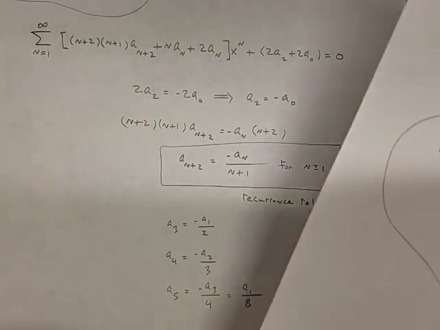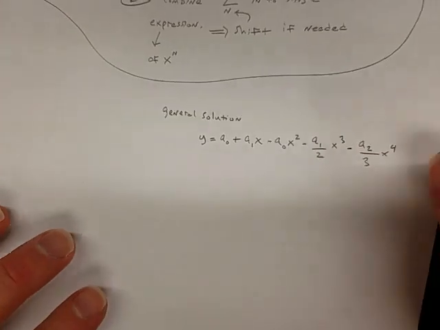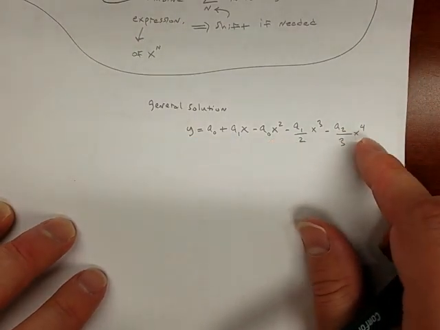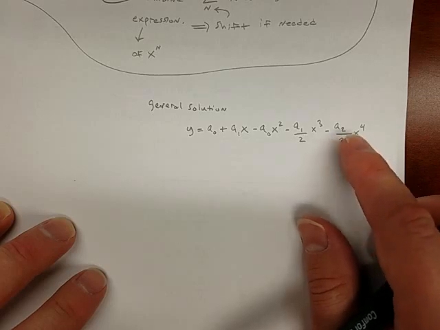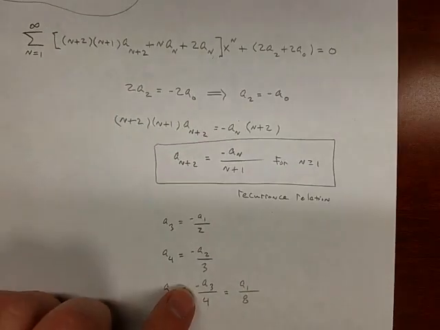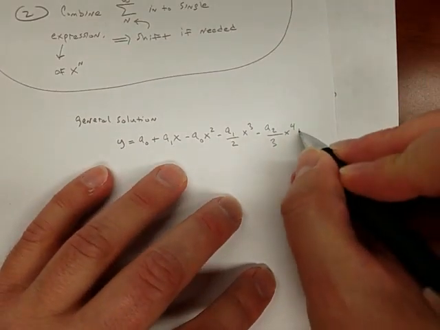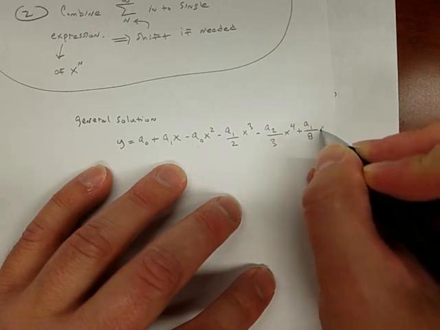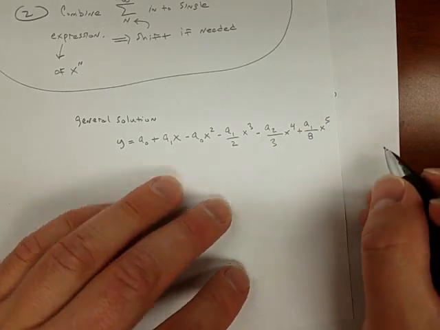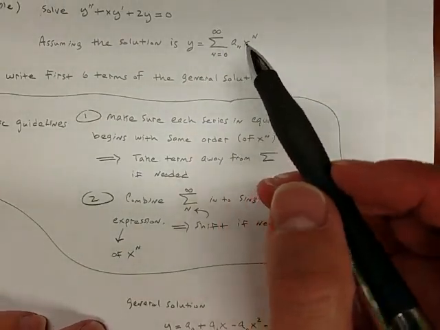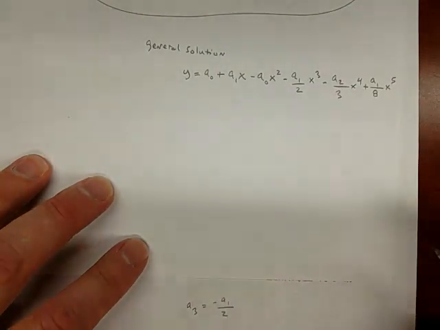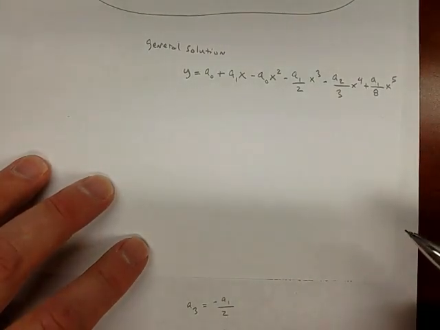And then my last one, if I was going to write the first 6 terms of the answer, would be a5 x to the 5th power. And I found that a5 is positive a1 over 8. So here's our last one: a1 over 8 x to the 5th power. Now the series is infinite, you know what the true answer is, but for the first 6 terms, there you have it.